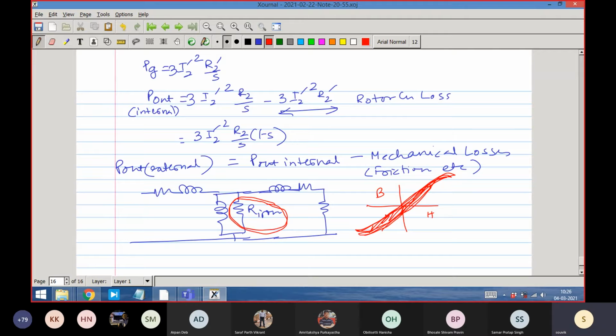What is the frequency of flux excursion in an induction machine? Rotor is rotating, stator is stationary. So rotor is rotating very close to the synchronous speed. Synchronous speed is the speed at which flux excursions are happening. The flux is changing from north pole to south pole, south pole to north pole, like that.